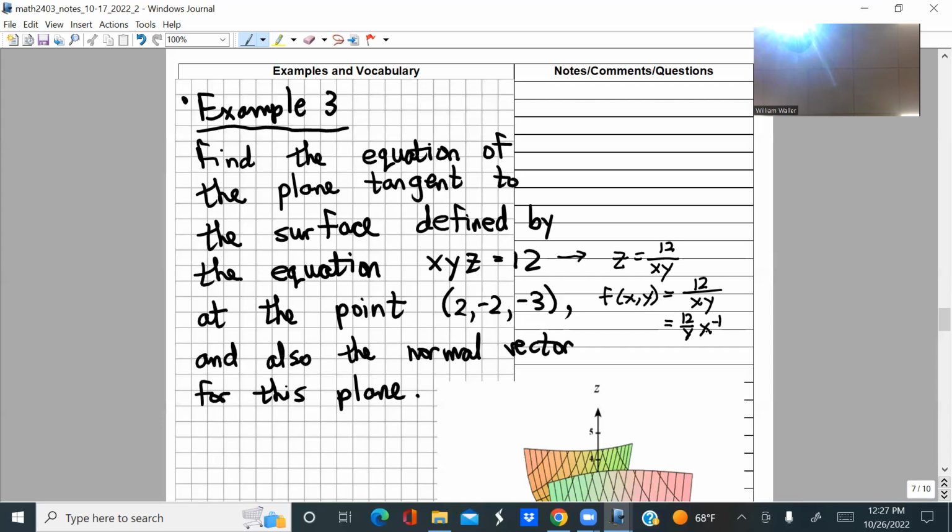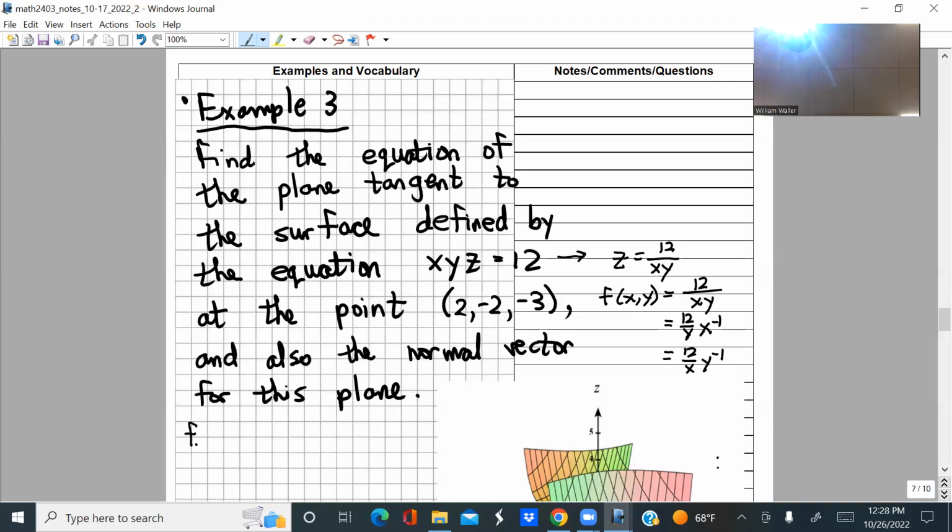Because x to the minus 1 power is 1 over x. So 12 over y times x to the minus 1 is the same as this formula. You can also think of this as 12 over x times y to the minus 1, and that makes it easier when you're trying to compute the partial derivative with respect to y.